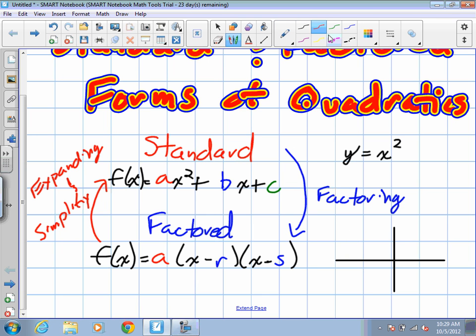Okay, so just to recap, what that means is, if I were to make a makeshift graph here, and let's actually go through all of these here quickly. Say it goes like this. Okay, so here's our makeshift graph. One of these would be considered the R and the other the S. These are our x-intercepts. This is where the graph crosses the x-axis. From those, what we could do is we would add the two together, r plus s divided by 2.